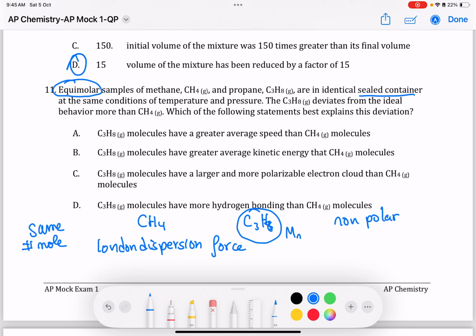So the molar mass here is higher than the molar mass of the other one. And the electron cloud of C3H8 is larger, and C3H8 has more polarization. Therefore, the intermolecular forces of C3H8 are stronger than those of CH4, and that's the reason why it deviates.